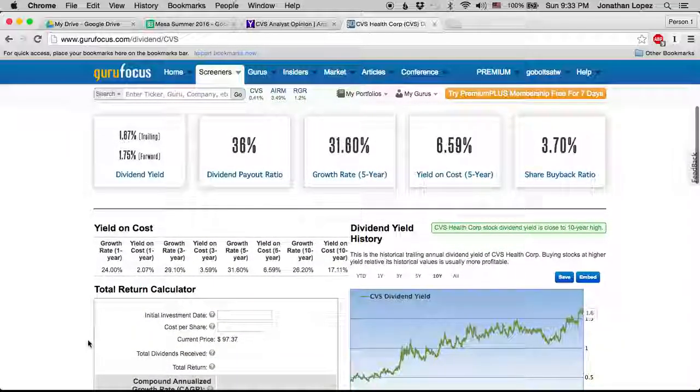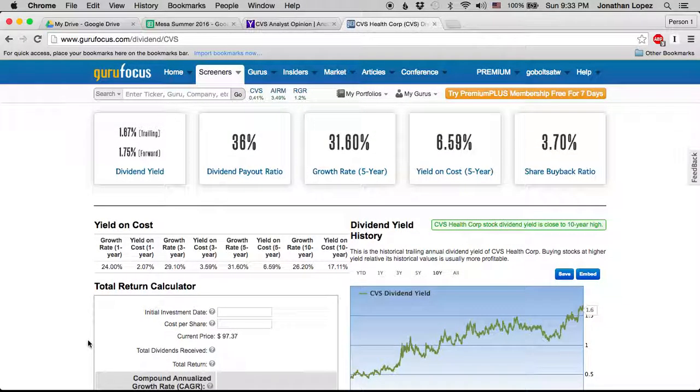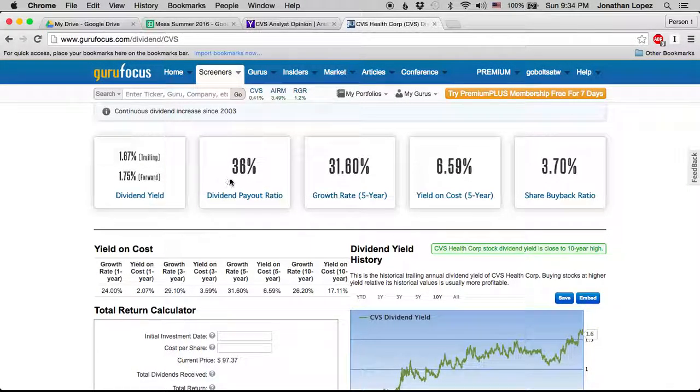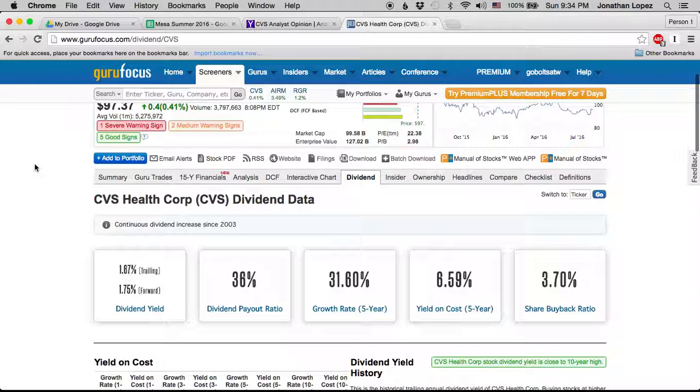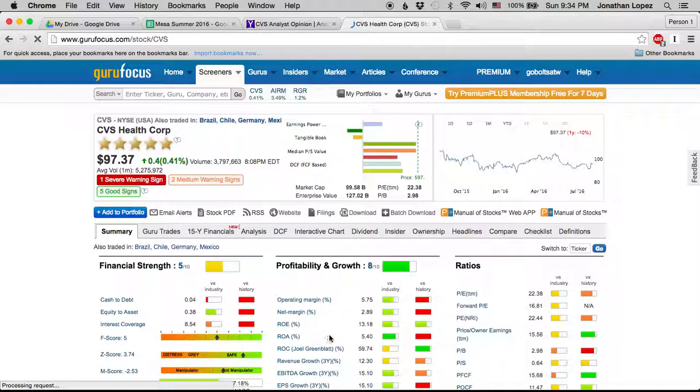But there's another way we could estimate the dividend growth rate. That's using our sustainable dividend growth rate formula, which is the return on equity, ROE, times 1 minus the dividend payout ratio, which is 36%. So their return on equity for this company is 13.18.